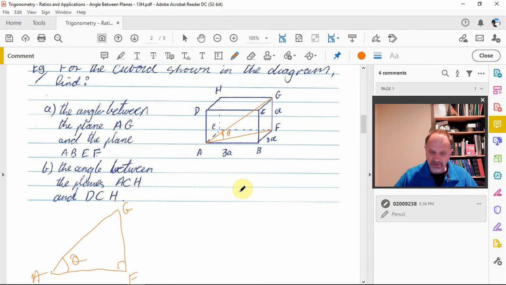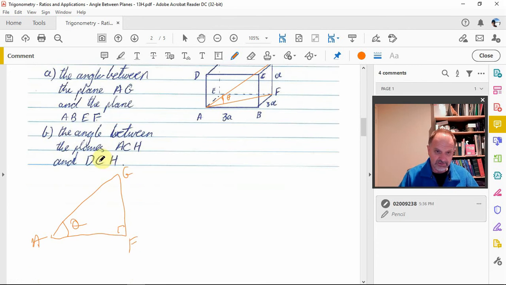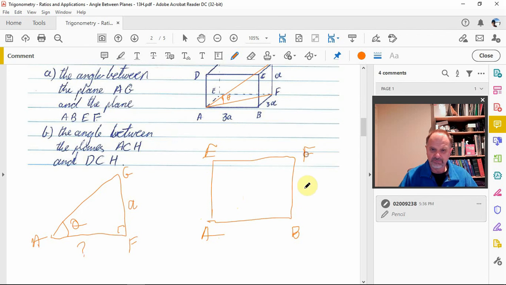Well, we know this height here is a, and so what we need is this here. Now, we can find that if we look at the base and take this bottom here, this base A and B. Now I'm looking straight down on top, E and F, and AF is that one there.